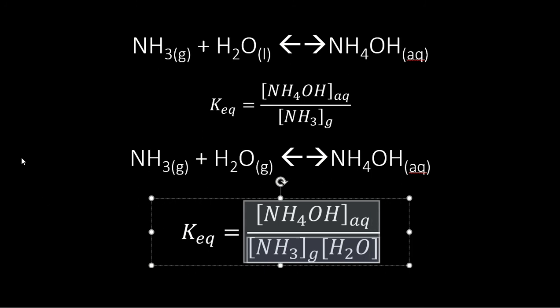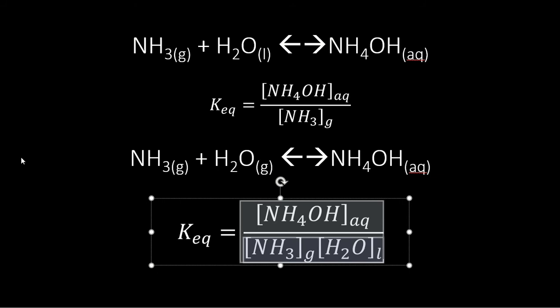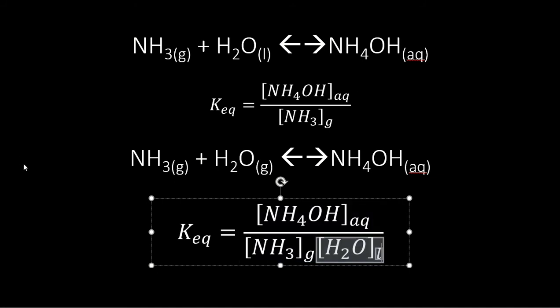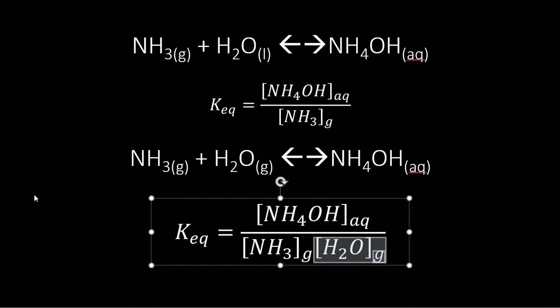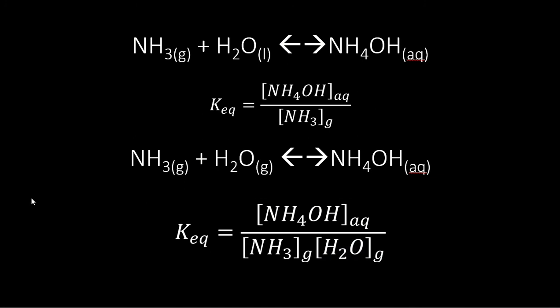Now, water has a stoichiometric coefficient of 1, so we're not going to raise it to anything. And it is, in this case, in the gas state. So the equilibrium expression for this second reaction of gaseous ammonia reacting with water vapor to be in an equilibrium reaction with aqueous ammonium hydroxide is just the equilibrium concentration of aqueous ammonium hydroxide divided by the product of the concentrations of ammonia gas and gaseous water.